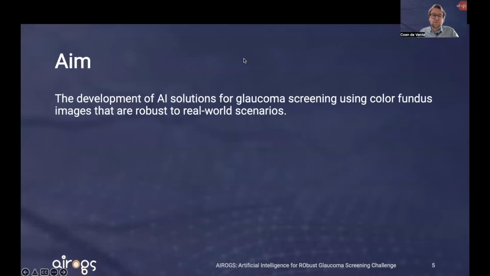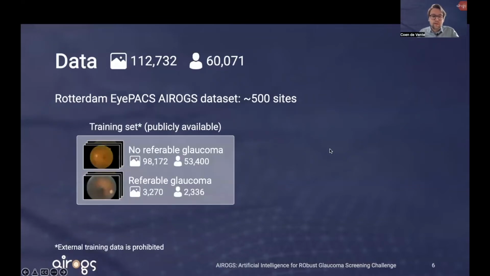And so the aim of this challenge was to develop AI solutions for glaucoma screening using color fundus images that are robust to real-world scenarios. The data that we had for this has already been touched upon shortly by Hans, but I'll give a bit more details. The training set that we provided for the participants consisted of no referable glaucoma images and referable glaucoma images.